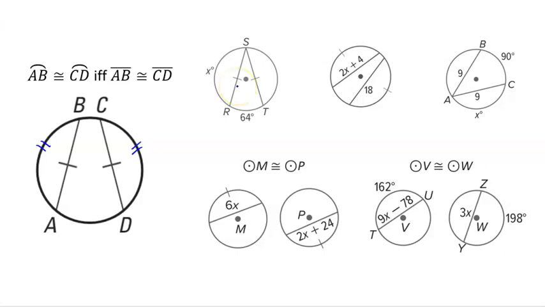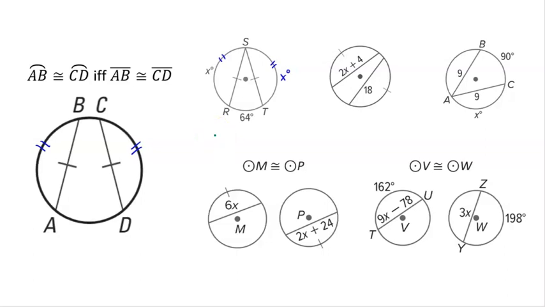So looking at this first circle here, we have two chords that are equal, which means that both of these arcs will be congruent as well. So if this arc is x degrees, then this one is also x degrees. And then I know that there are 360 degrees in a circle.